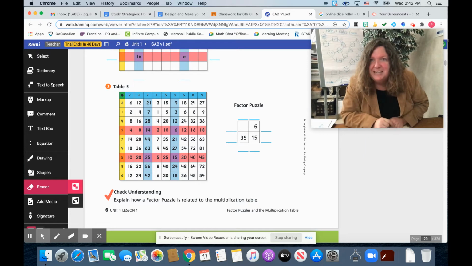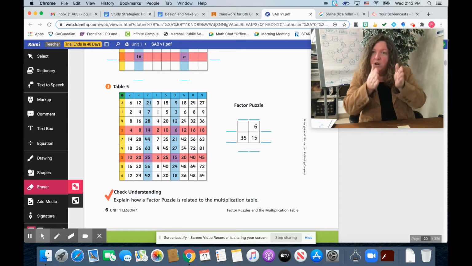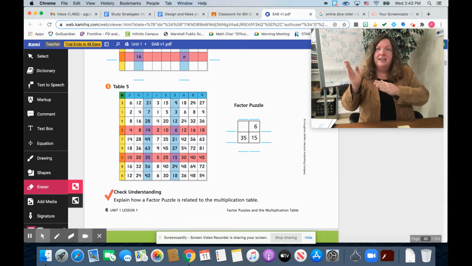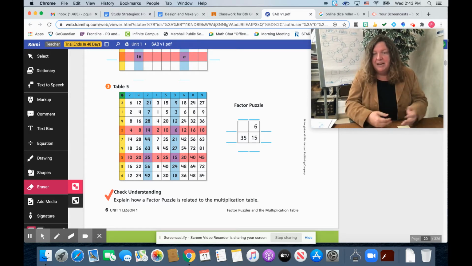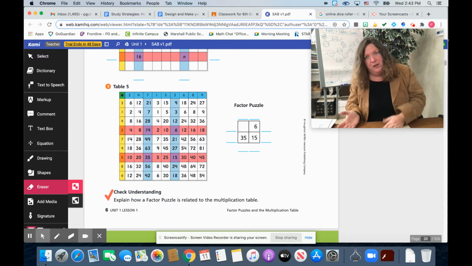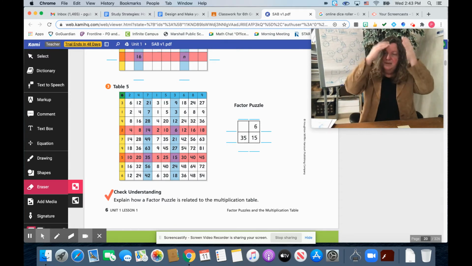The second reason is sometimes what happens to kids is they understand it when we do the lesson. They understand it when they're watching me do the video and walk them through. And then later it kind of falls out of their brain. That's how learning goes. Sometimes we put stuff in and a little bit falls out. We put something back in and a little bit more falls out. We put it back in and pretty soon it stays.